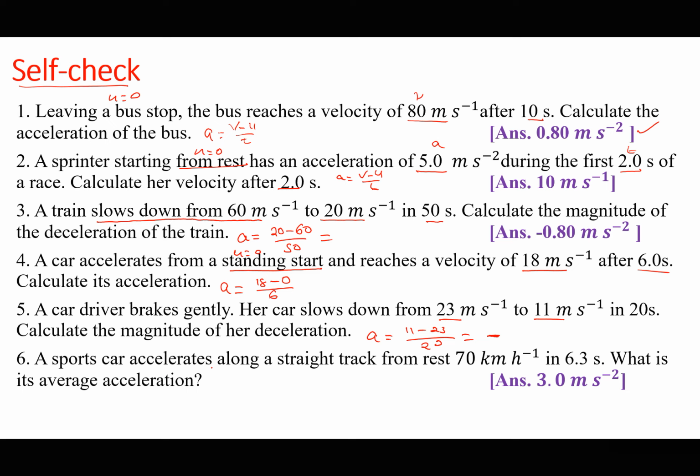A sports car accelerates along a straight track from rest to 70 kilometers per hour in 6.3 seconds. What is its average acceleration? So it starts from rest. For the average acceleration, we have to change 70 kilometers per hour to meters per second.